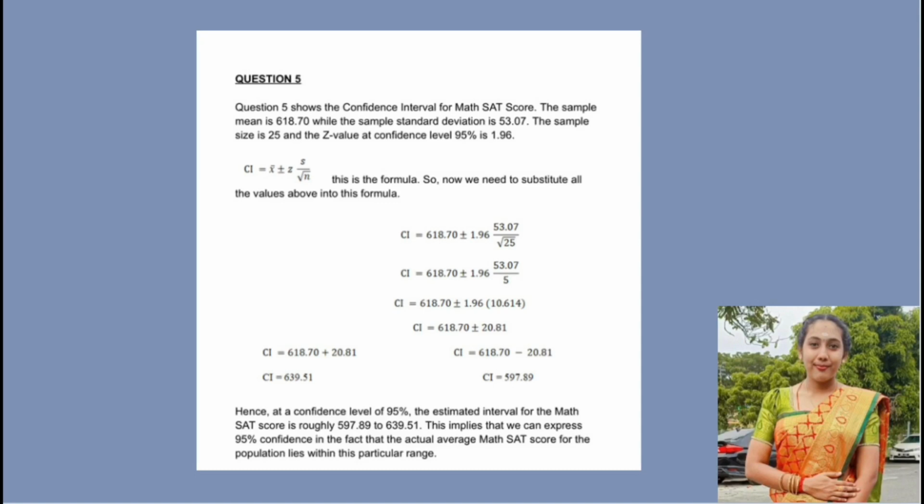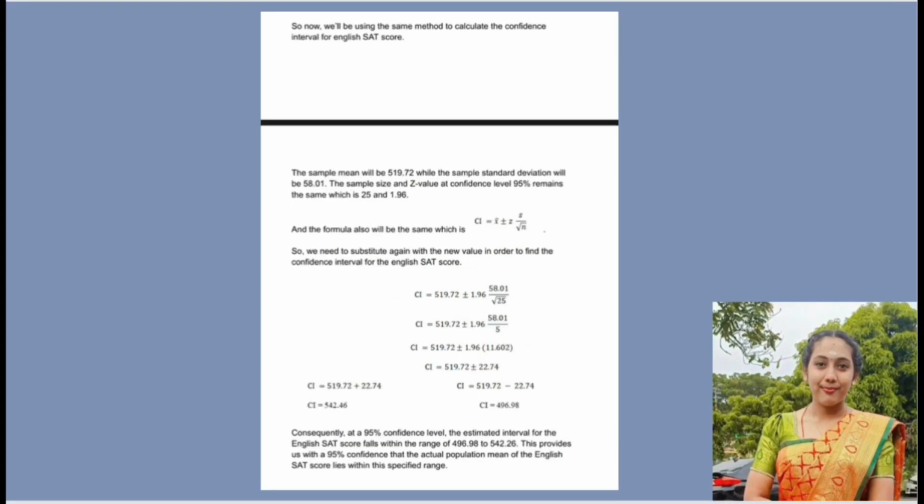Now we will be using the same method to calculate the confidence interval for English SAT score. The sample mean will be 519.72 while the sample standard deviation will be 58.07.